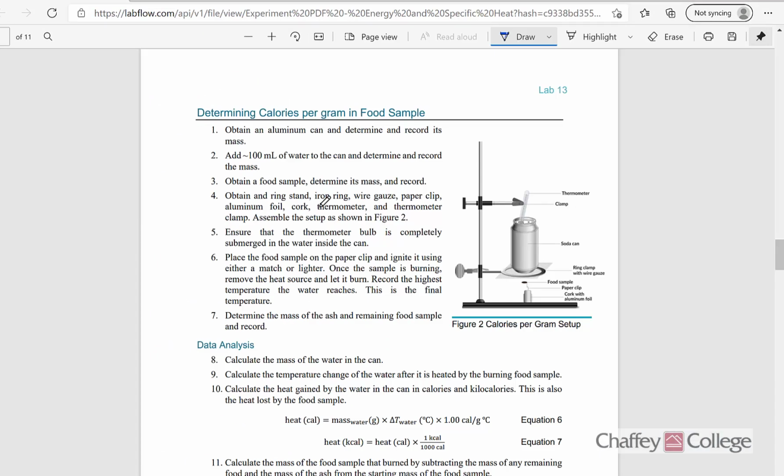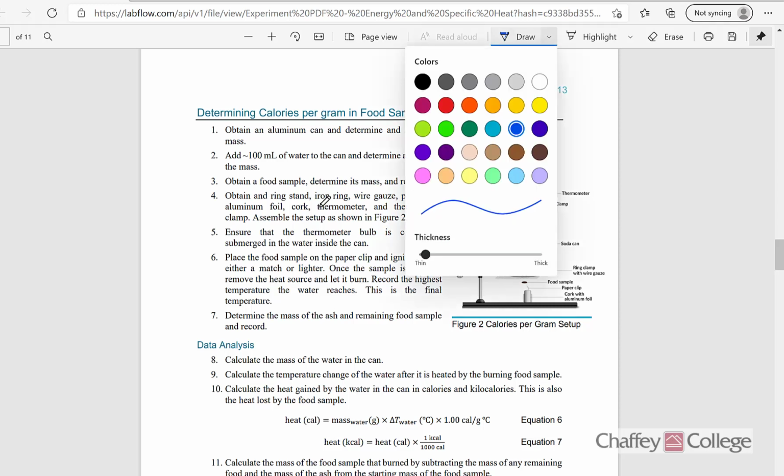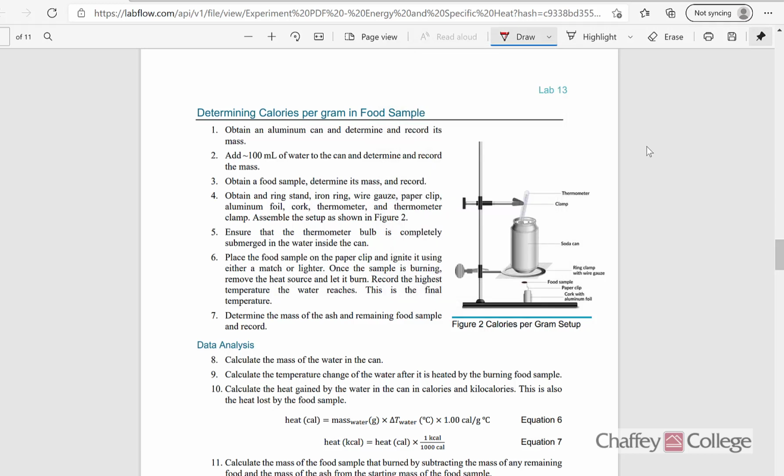The second part of this experiment deals with the calculation of calories stored in a food item. The experimentation is pretty simple. We take an empty soda can and note down the mass of this can, and then we add approximately 100 ml of water to it.